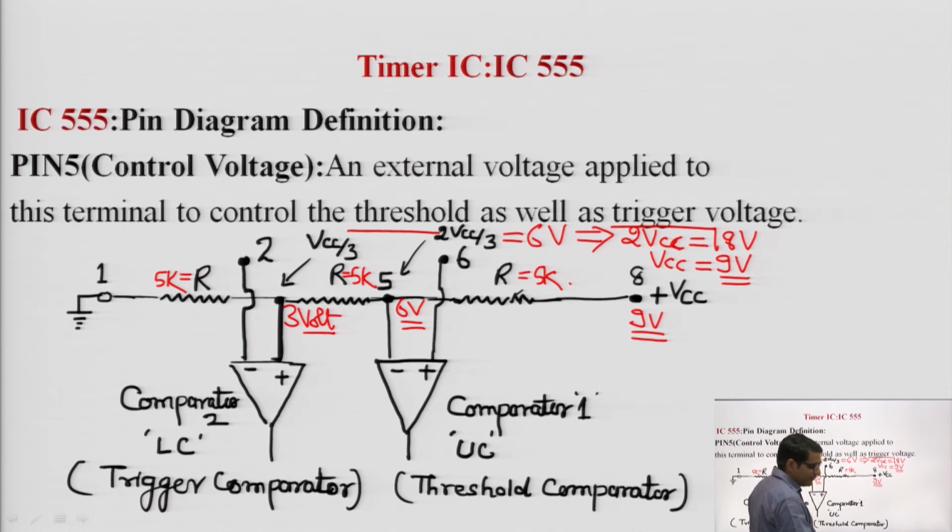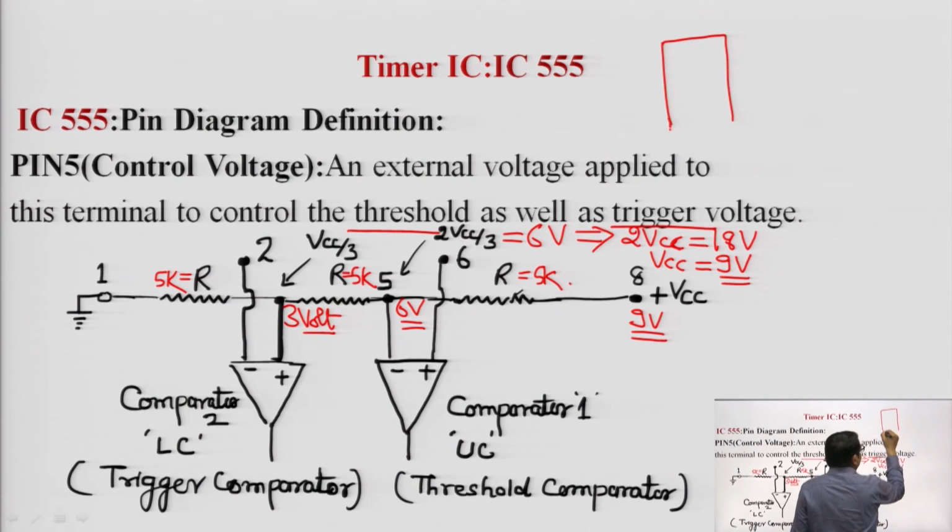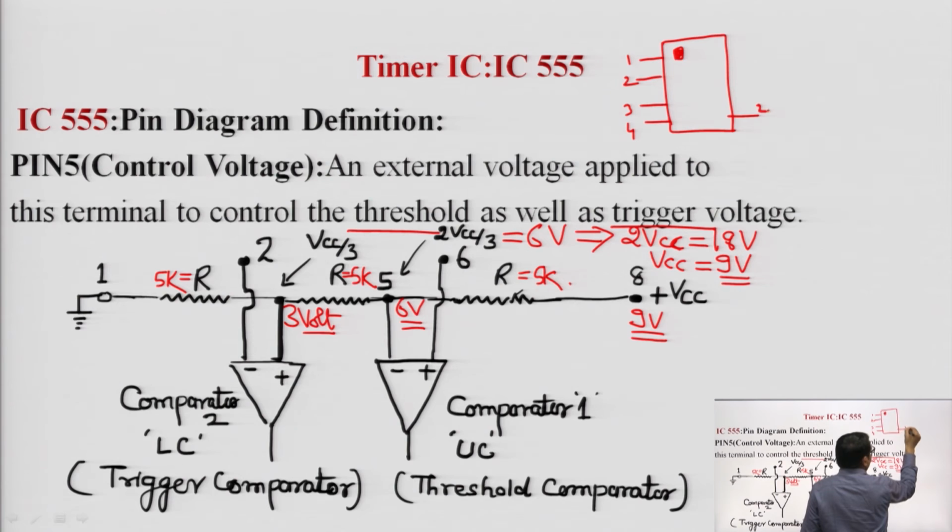Generally, if pin number 5 is not in use, let us suppose that this is the IC 555 timer, pin number 1, 2, 3, 4, and this will be 5, 6, 7, 8.